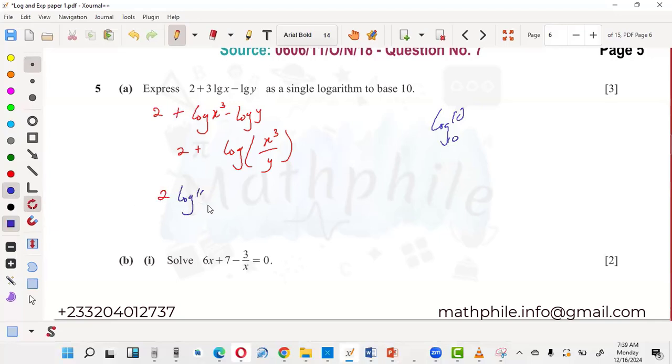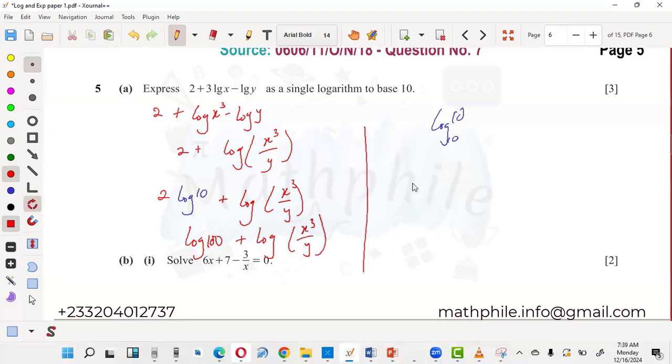After all, this won't be wrong because if you multiply any number by 1, you still get the same number. So plus log x cubed over y. So from here, we can say that is the same as writing log 100, just like you rightly said, because 10 squared is 100, plus log x cubed over y. So this will give you log 100 x cubed over y. Nice work.